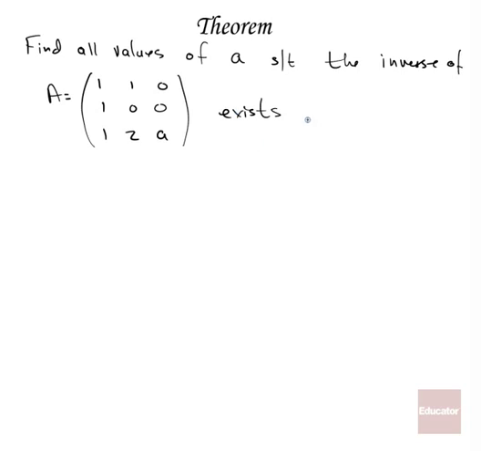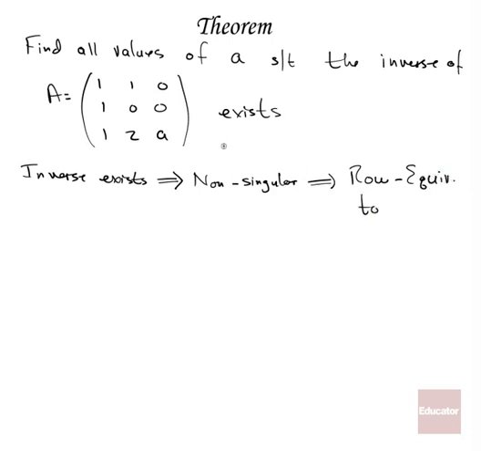So we'll say inverse exists. That implies that it's non-singular. And going back to our list of non-singular equivalences, that means that it's row equivalent to, in this case, this is a 3 by 3, row equivalent to I3.